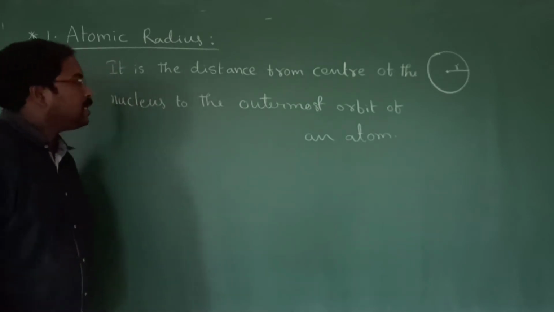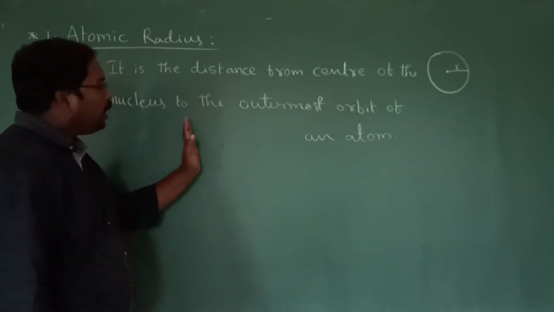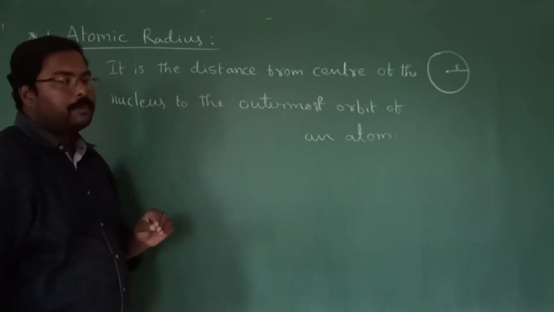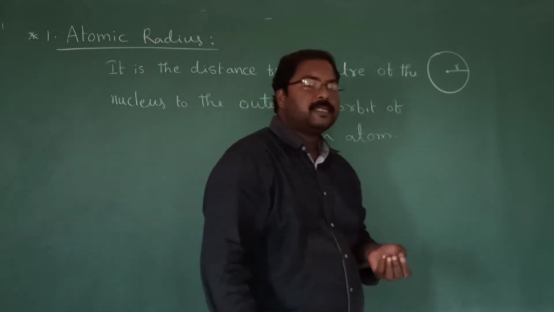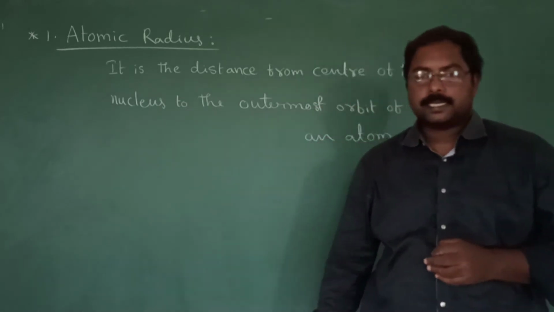The distance from the nucleus to the outermost orbit of an atom is known as the radius of the atom. We simply call it atomic radius.